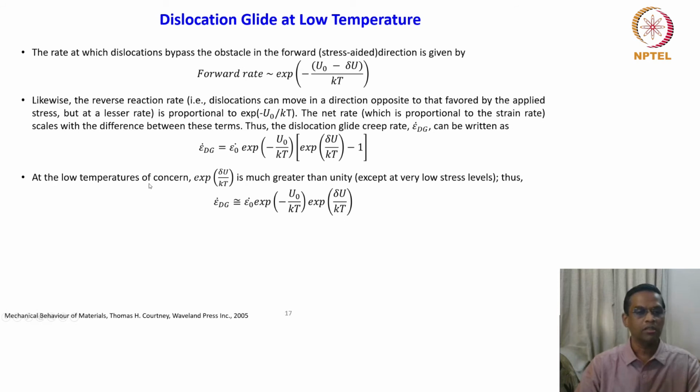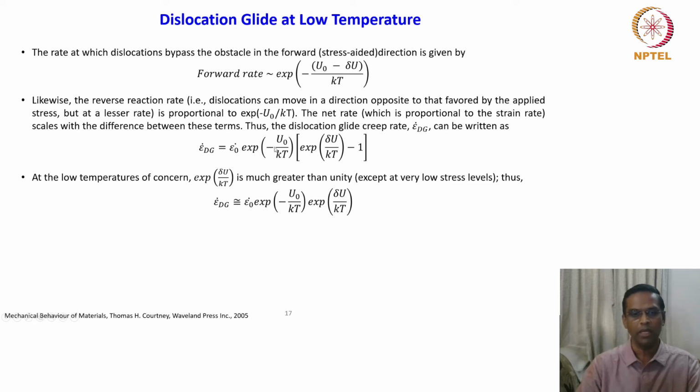At the low temperatures of concern, exponential delta U by kT is much greater than unity, except at very low stress levels. We can rewrite this expression like this: epsilon dot dg is approximately equal to epsilon dot naught times exponential of minus U naught by kT into exponential of delta U by kT.